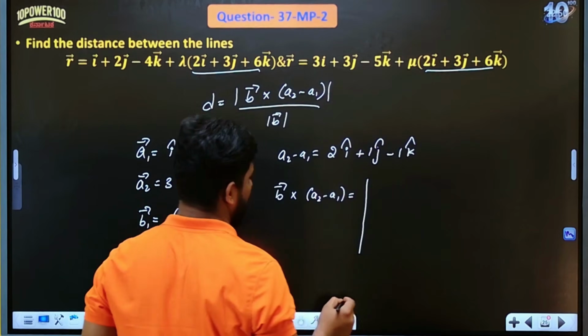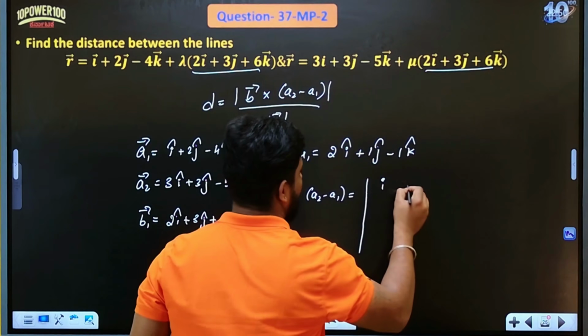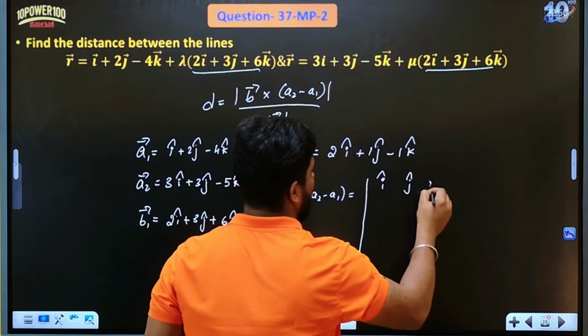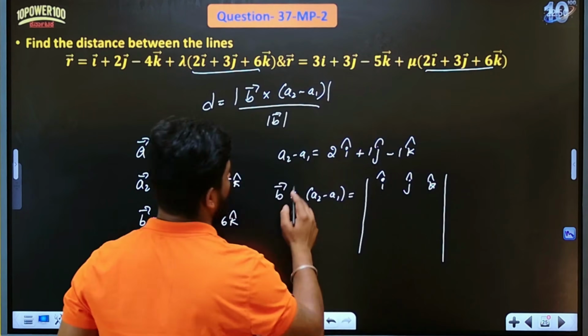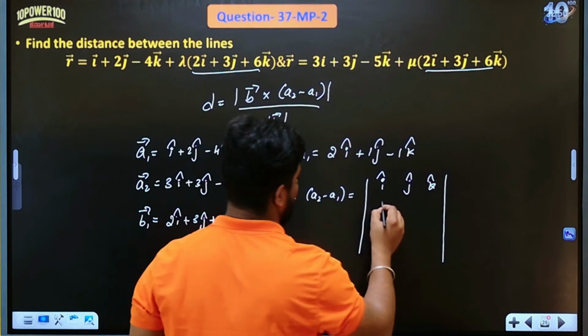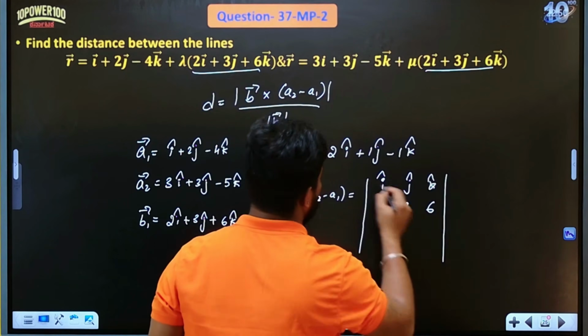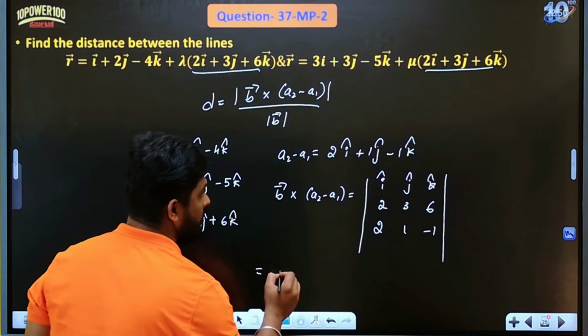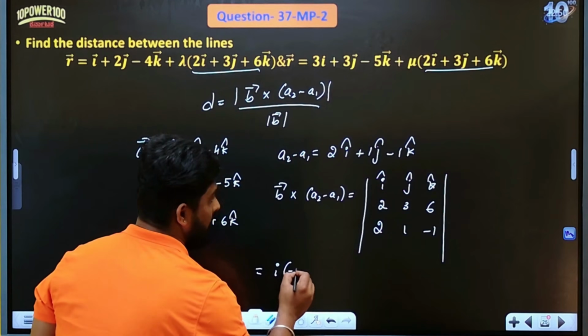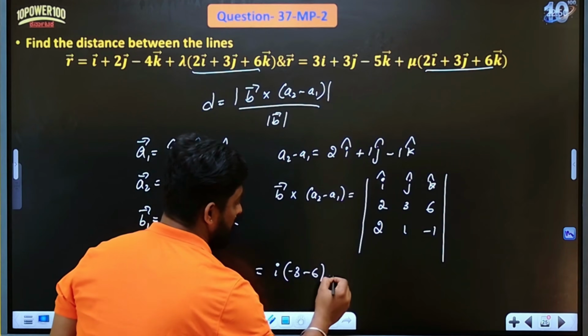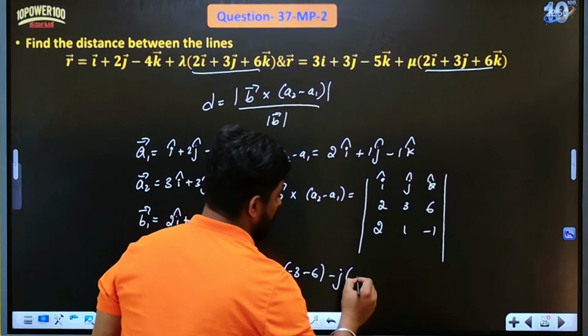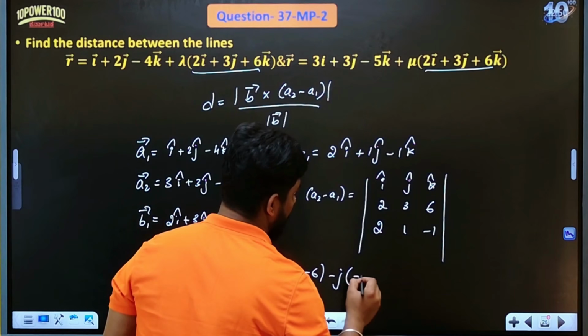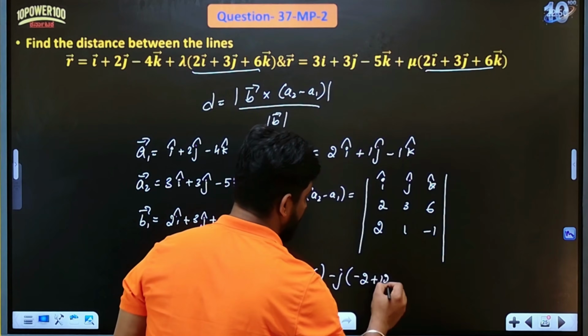Take it in ijk form. B is 2 3 6 and this is 2 1 minus 1. If we solve this, it is i of minus 3 minus 6, minus j of minus 2 minus 12.